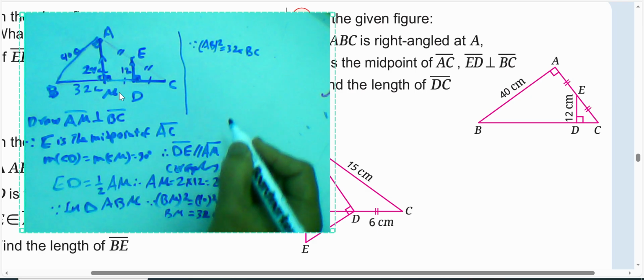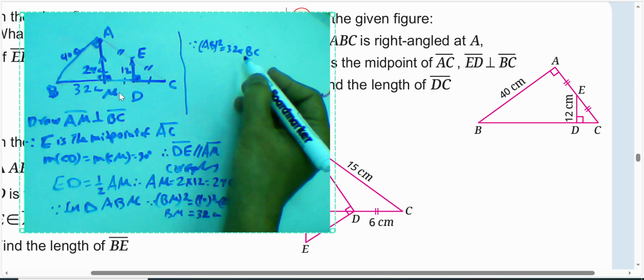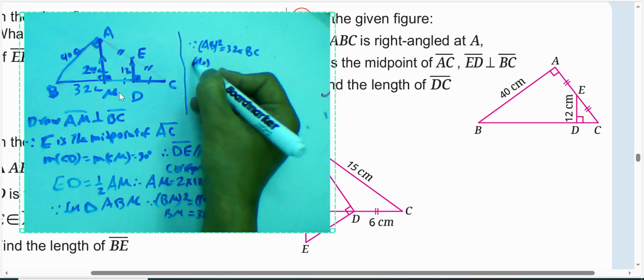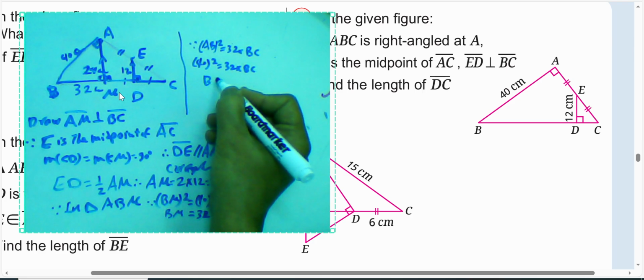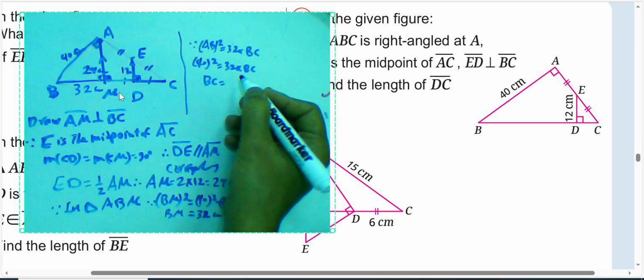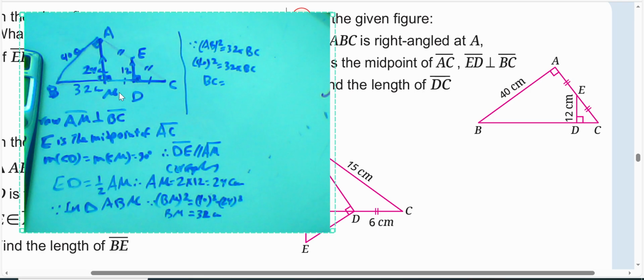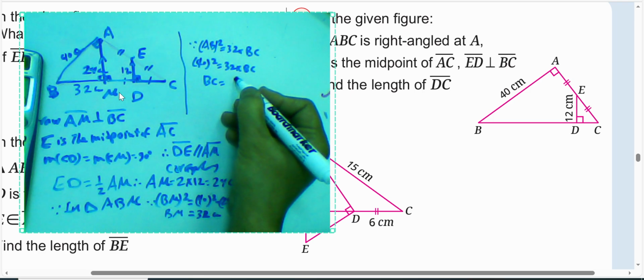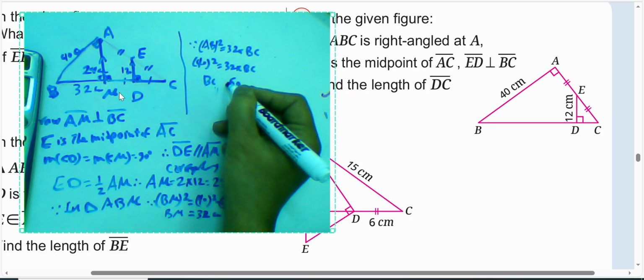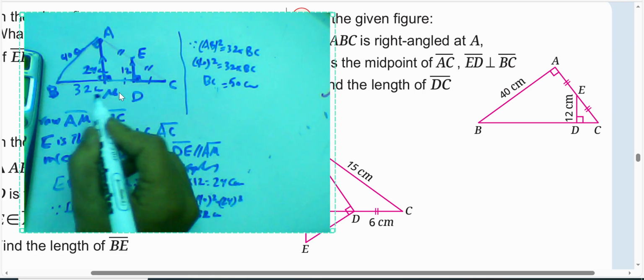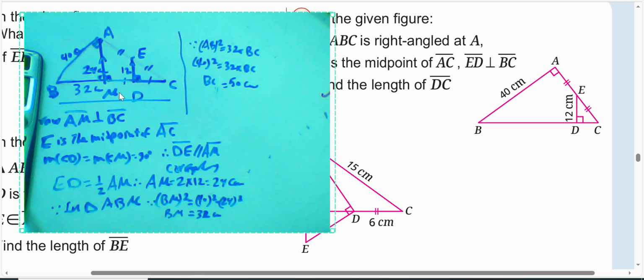Then we have AB was 40, 40 power 2 equals 32 times BC. Then BC equals 40 power 2 divided by 32. It will be 50. BC equals 50 centimeter. Then line segment BC will be 50 centimeter.